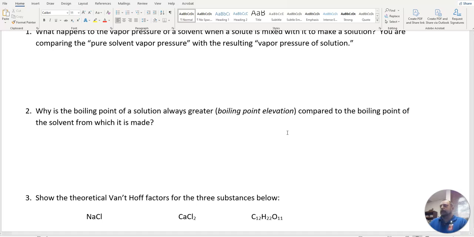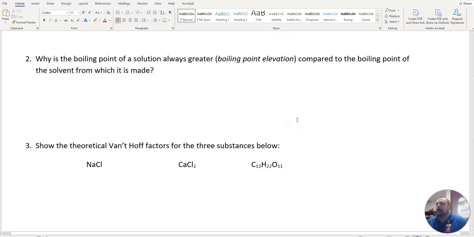And so keep in mind the boiling point is when the vapor pressure equals the atmospheric pressure. And so if we lower the vapor pressure, we've got to raise the temperature to make it equal to that atmospheric pressure. We also have to worry about the freezing point depression or melting point depression. That's the same.